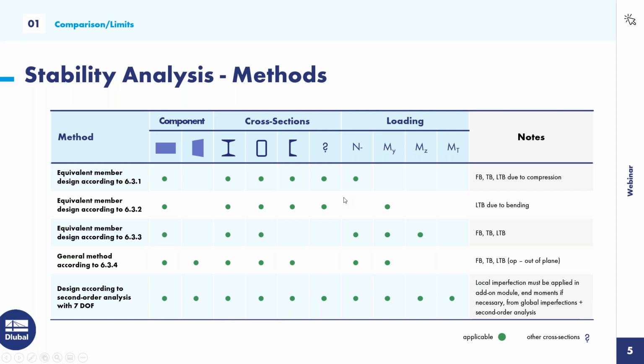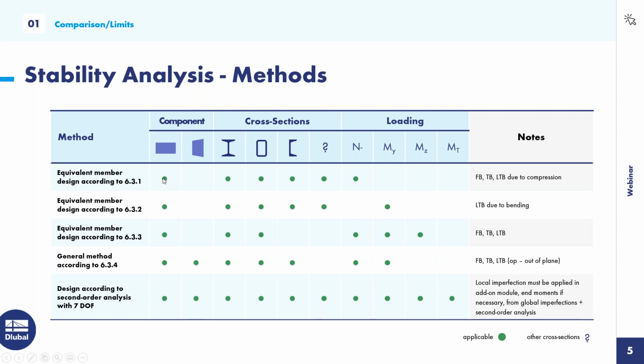That's the table. I think it's a good overview of the single methods. We go through that table line by line. First line, equivalent member design according to 6.3.1 of the Eurocode, named uniform members in compression.